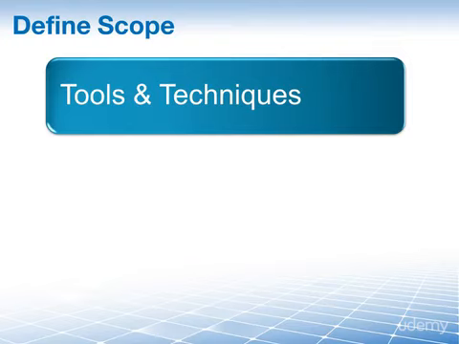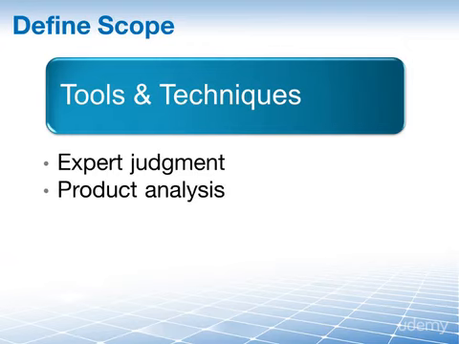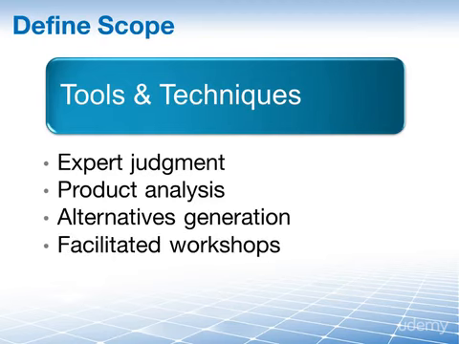But they just give us the basic information. We now need to do something with these inputs. We now will apply our tools and techniques to them. We have expert judgment, we have product analysis, we have alternatives generation, and we will apply facilitated workshops.